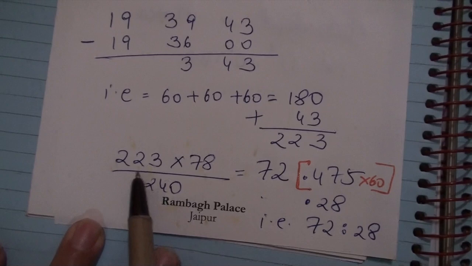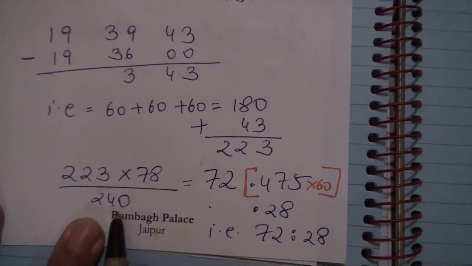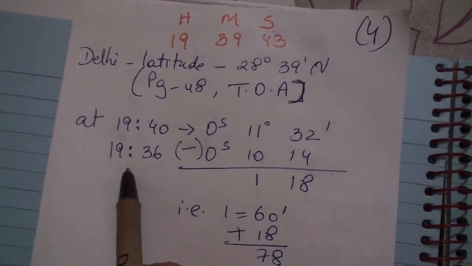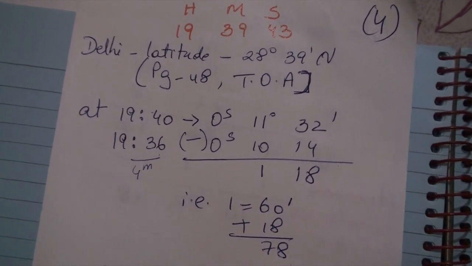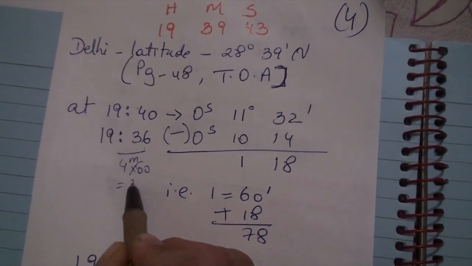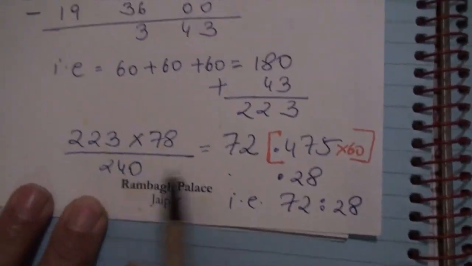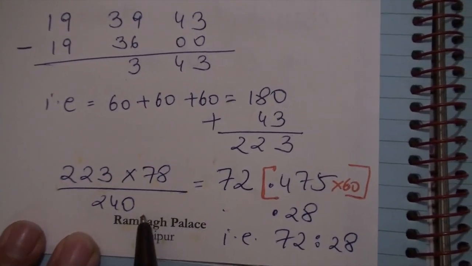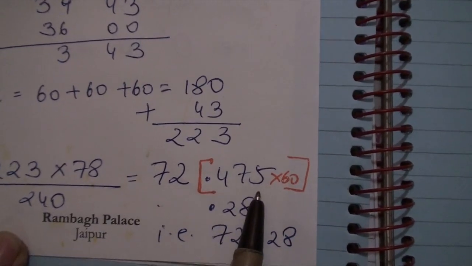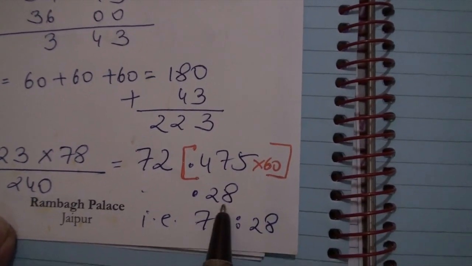We multiply 223 into 78 and divide by 240. Why 240? Because the difference between these two figures is 4 minutes, and 4 into 60 is 240 seconds. So we get 223 into 78 divided by 240. The figure that we get is 72.475. So we multiply this 0.475 into 60, that will give us 0.28.